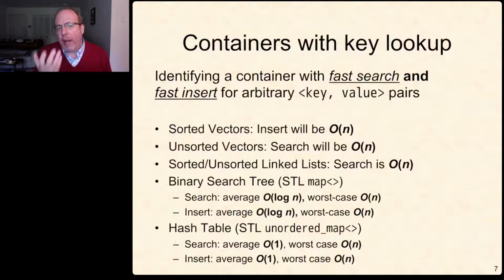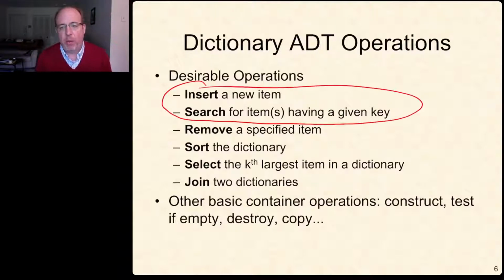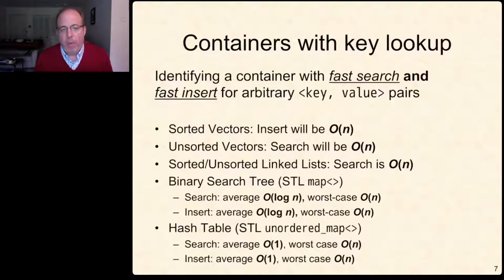So, if we want to think about dictionaries, let me go back a slide. The two things we really want to make sure are fast are insert and search. So of the containers we know so far, which are fast at searching and fast for inserting arbitrary key value pairs where the key is the way we search for things?